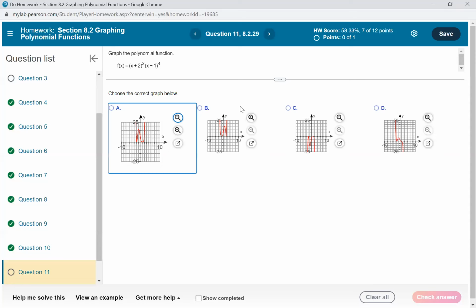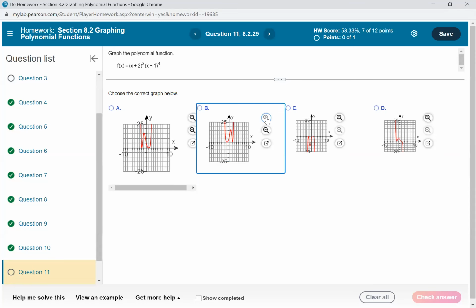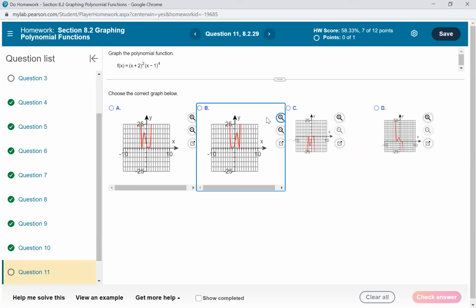So we're looking at A and B here. Let me zoom them 2 up. If we look at A, it's touching the x-axis at negative 2, and the right side's touching it at positive 1. If you look at B, its left side is touching at negative 1, and the right side is touching it at a positive 2.